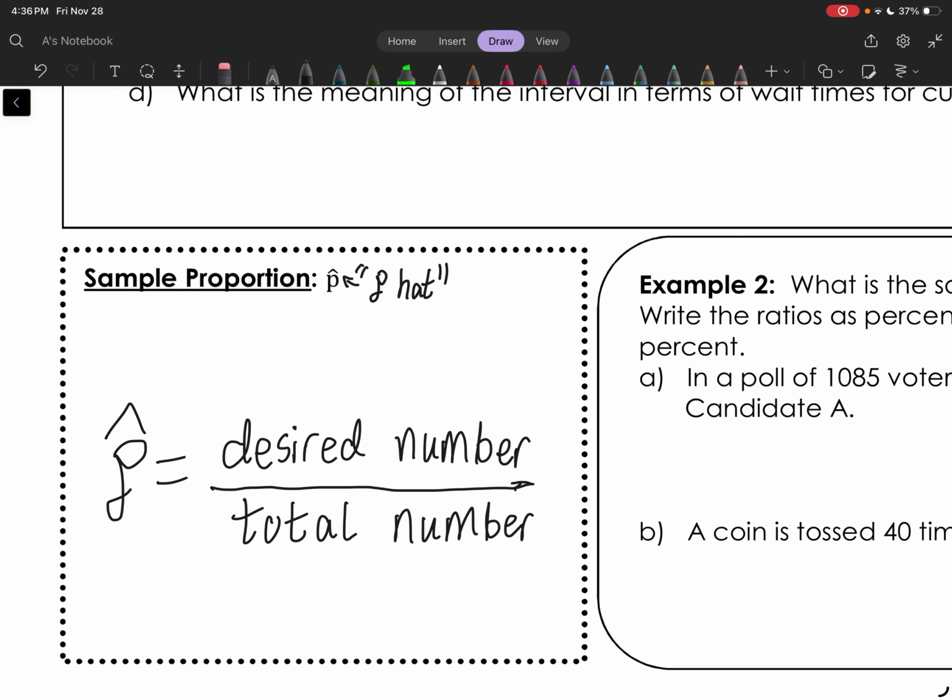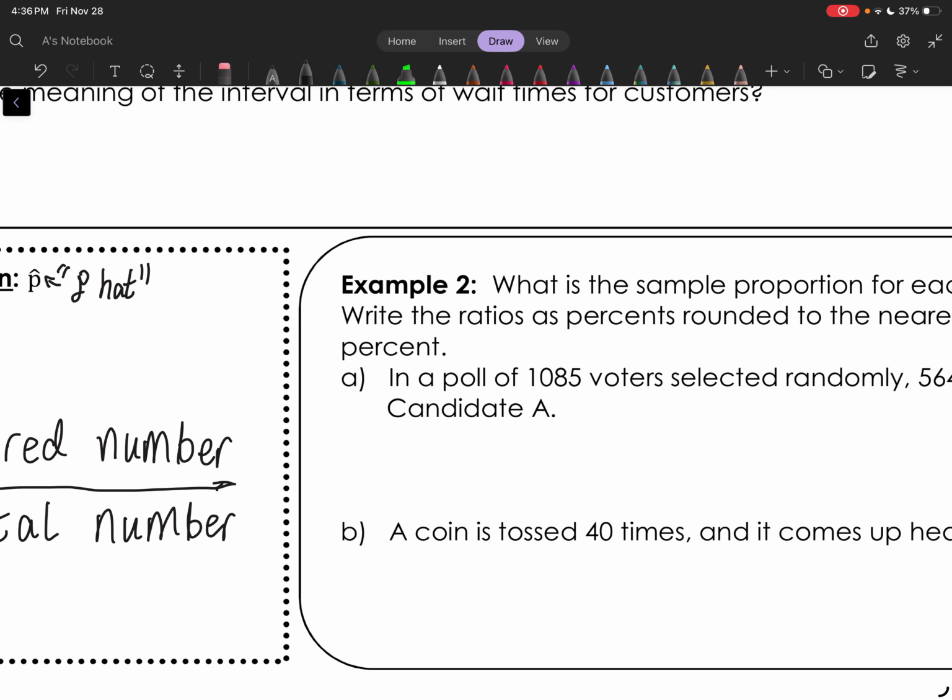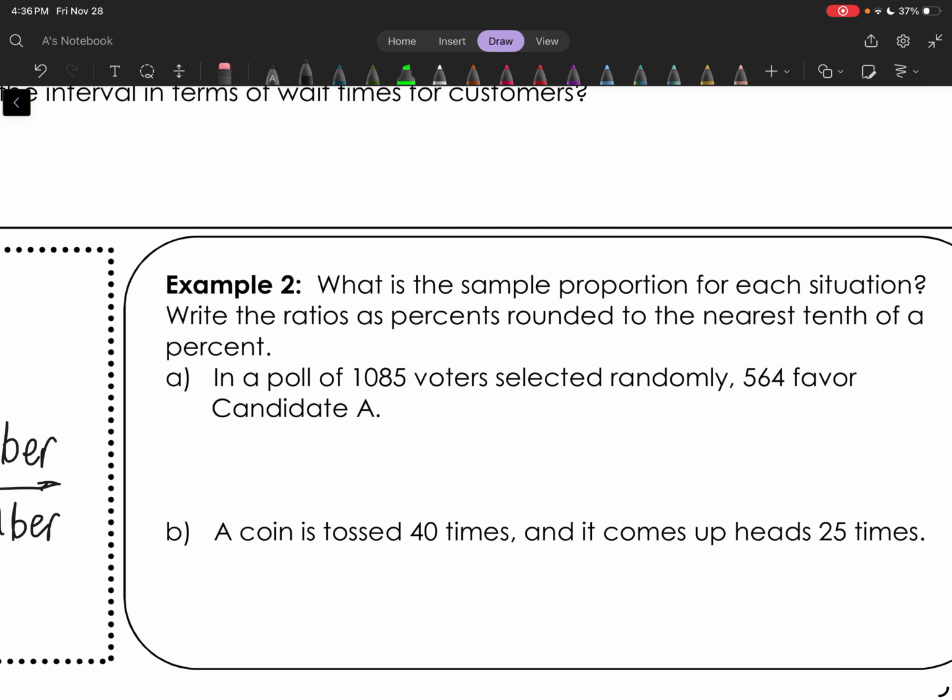Alright, sample proportion. This is called p-hat, and this is equal to the desired number divided by the total number. So, look at example A. In a poll of 1,085 voters selected randomly, 564 favor candidate A. So, what is the proportion?